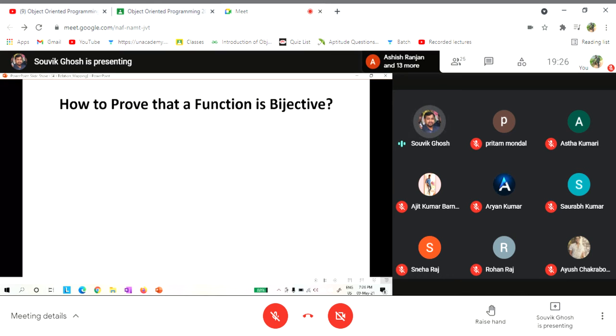Now, how can we prove that a given function is bijective or not? When a function is given to us, we have to check whether this is a bijective function or not. So how to check? If we want to check whether a function is bijective or not, then we must compute the cardinality of the domain set and the cardinality of the codomain set.